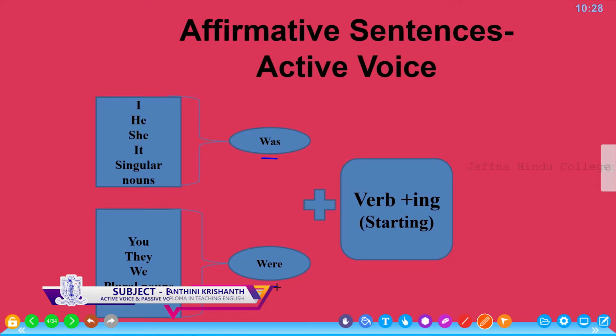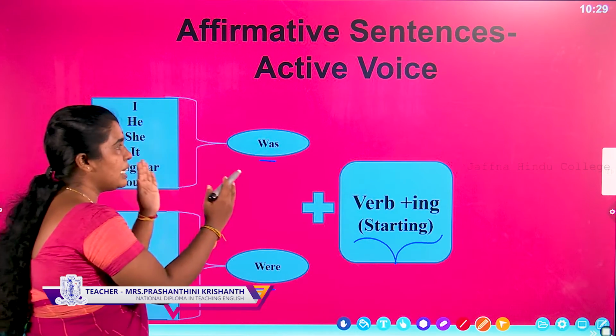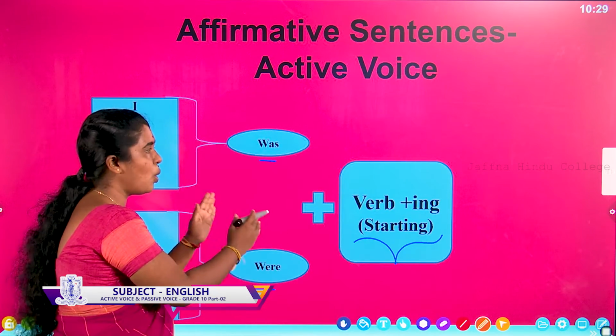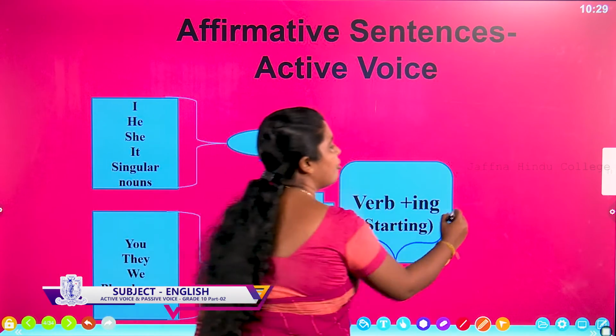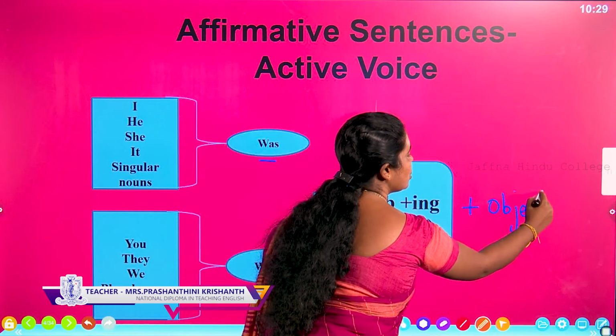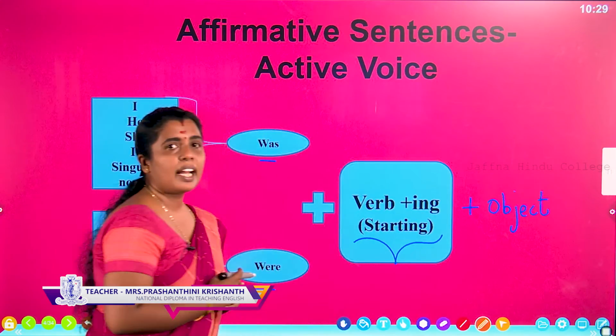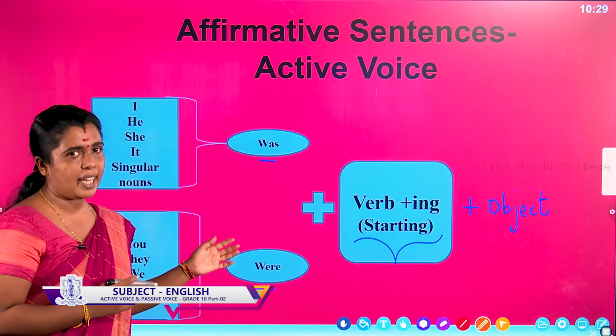For example, starting: the main verb is start plus ing, starting, right? So the subject should be there, after that the helping verb was or were, after that verb plus ing, and finally the object. So, this is the pattern of active voice affirmative sentences, past continuous tense.